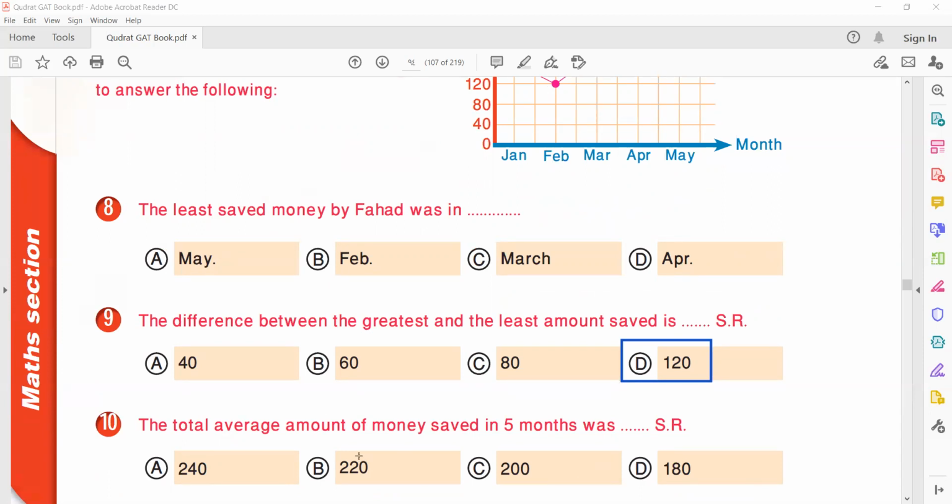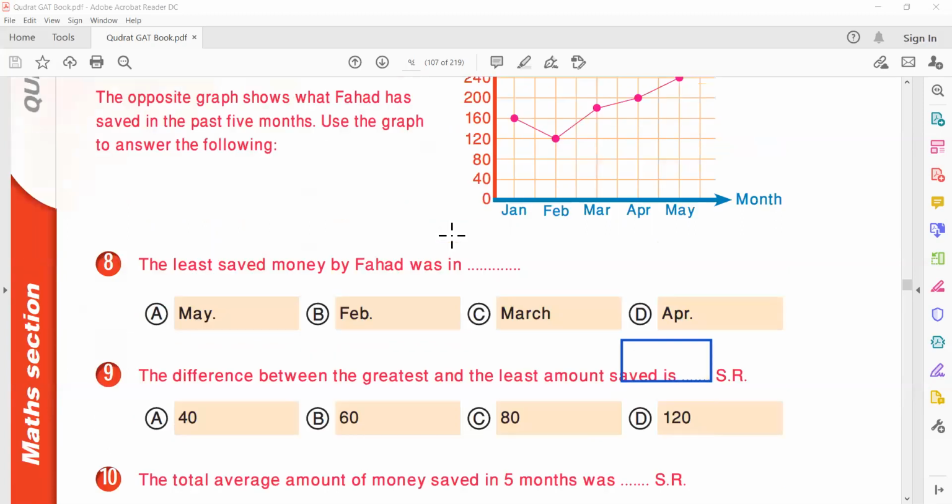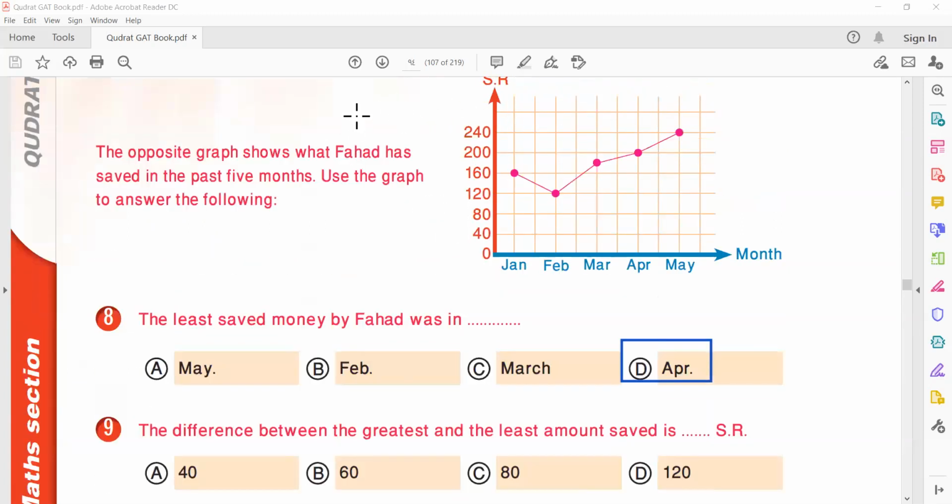The average amount of money saved in 5 months was, how do I solve it? What is the total? Okay, it is easy. So we write the totals. Here I have 160.